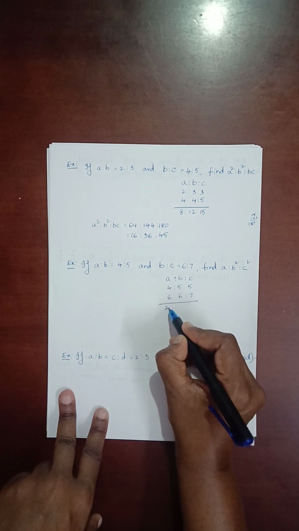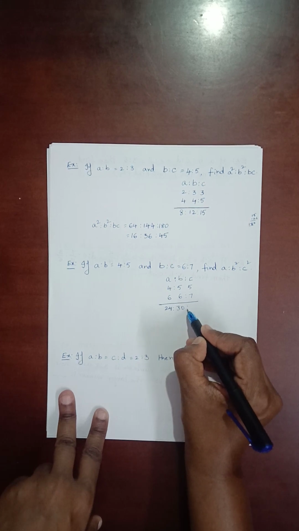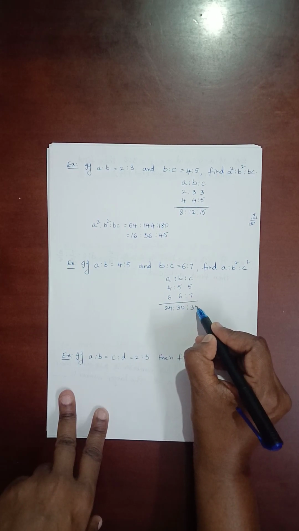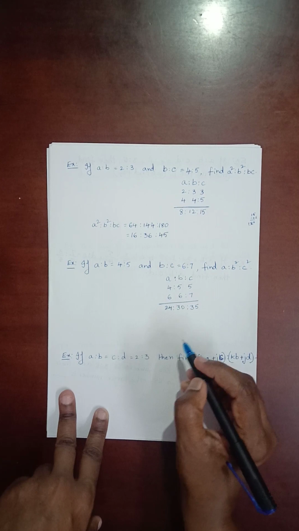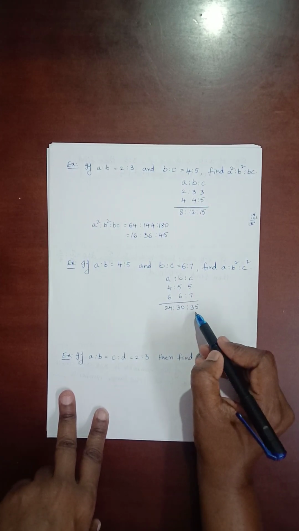4 6s are 24. 5 6s are 30. 5 7s are 35. Any common factors are there? No. So A part is 24, B is 30 and C is 35.